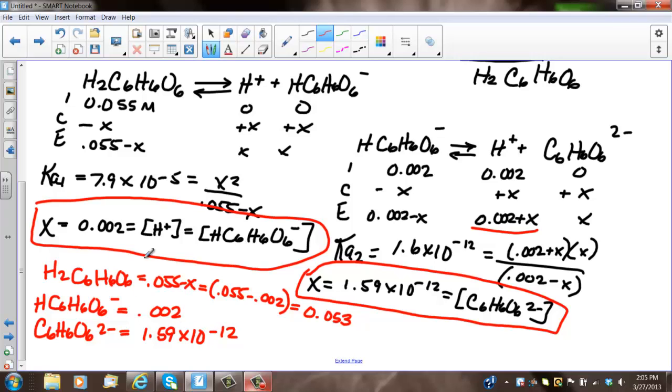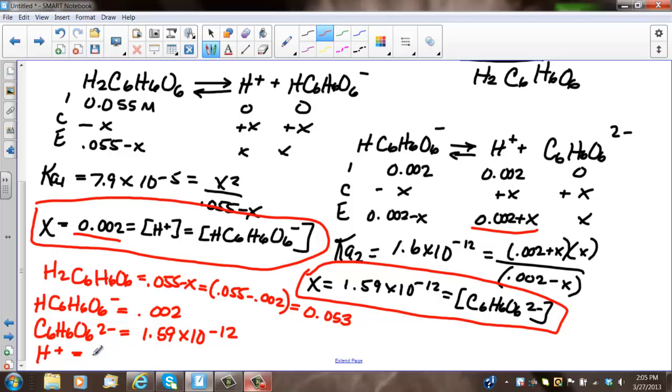And we know that H plus is equal to 0.002 from here, but then it's also equal to 0.002 plus x from here, but x is so small that it really is not going to make a difference if I add 1.59 times 10 to the minus 12 to it.